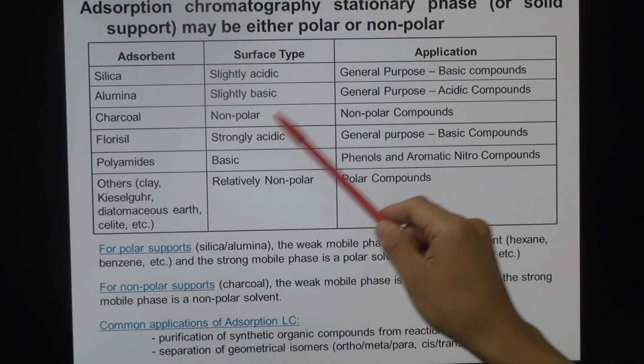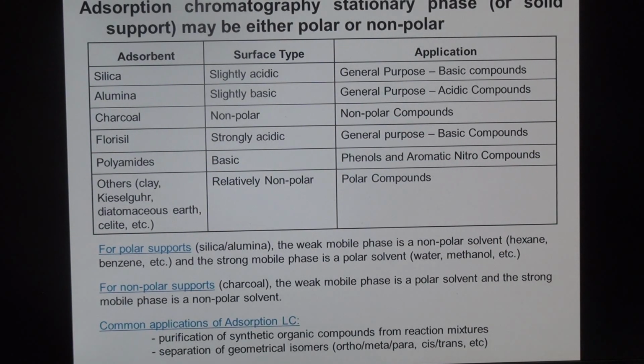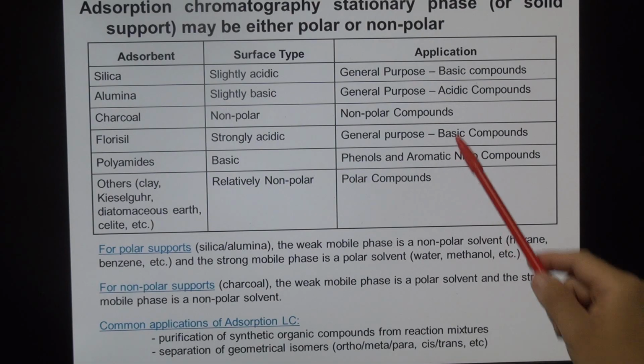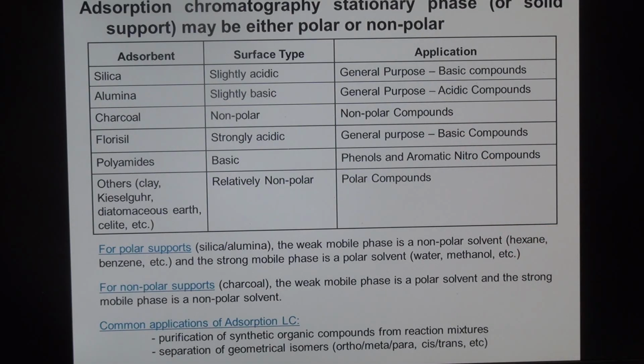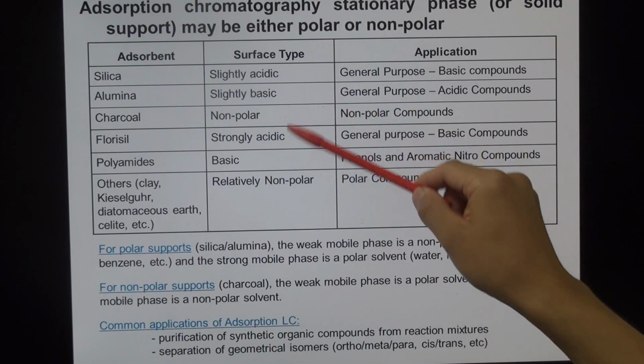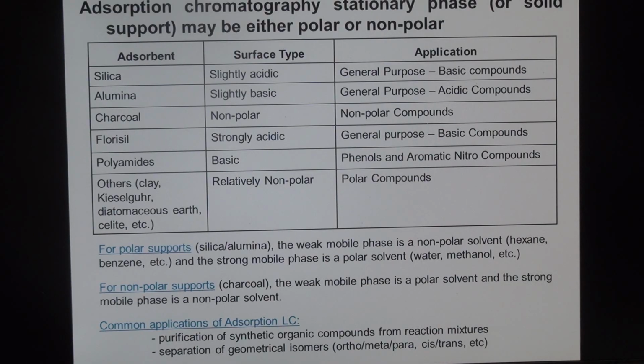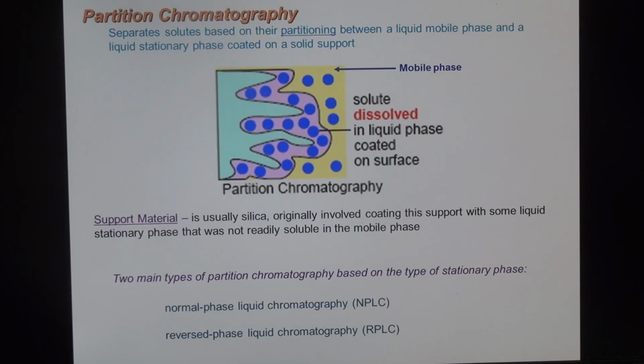If they are nonpolar, nonpolar compounds are easily retained, right? They can be more easily used for the separation of nonpolar compounds, right? Okay. So depending on the properties of the solid support, each support can be used for different kinds of compounds for the separation. Okay. Next kind of chromatography is partition chromatography.